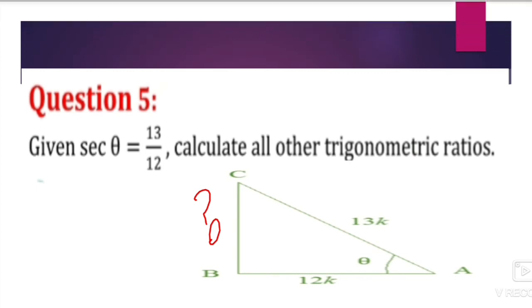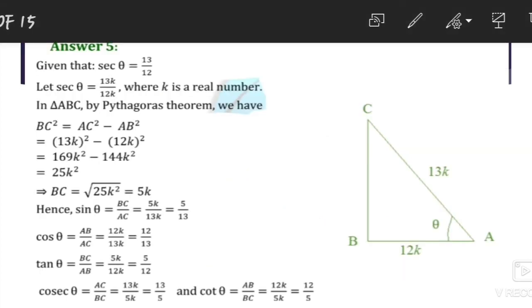Let's check the solution. BC square will be hypotenuse square minus base square, that is AC square minus AB square. If you do the calculation, you will get BC is equal to 5K. So the length of this side is 5K.